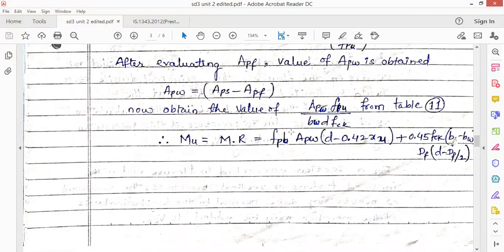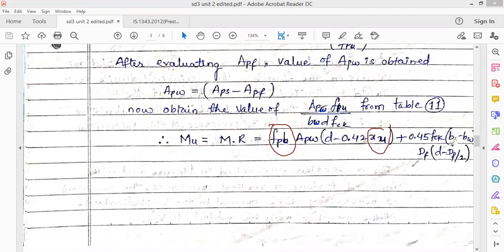So FPB will be obtained from this table. APW, I have already calculated, into (D minus 0.4 XU). Again, I need to calculate the value of XU. So I need to calculate FPB and XU, right?